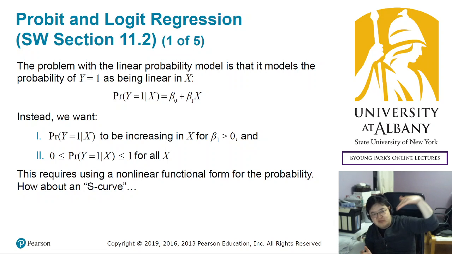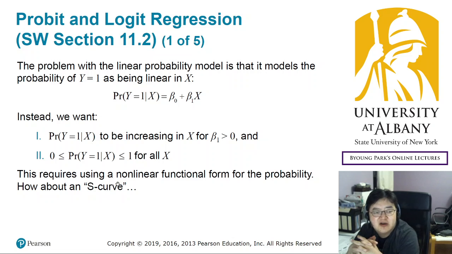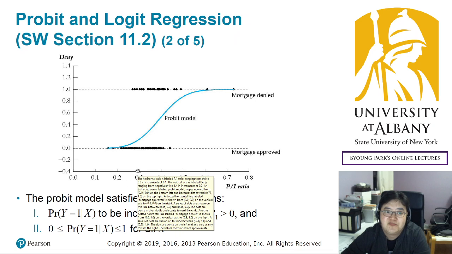So it will decrease, but it will never touch 0. And when it goes up, also squeeze it, push it back into 1. So it increases, but it never crosses 1. In the end, you will have a curved probability prediction line, like this.